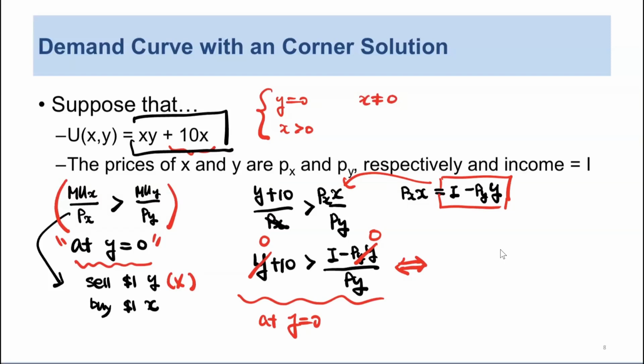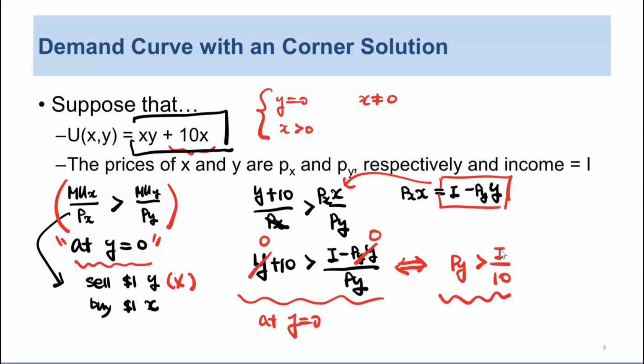So in other words, py must be greater than or equal to, let me just rearrange this equation, py is greater than or equal to I divided by 10. And if this happens, a corner solution arises, and y must be equal to 0.